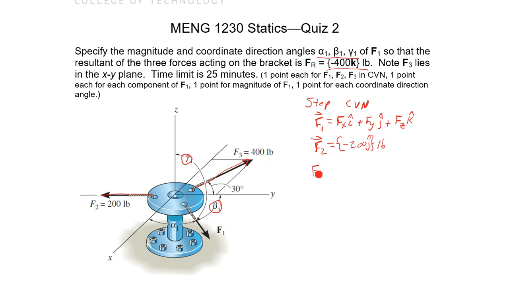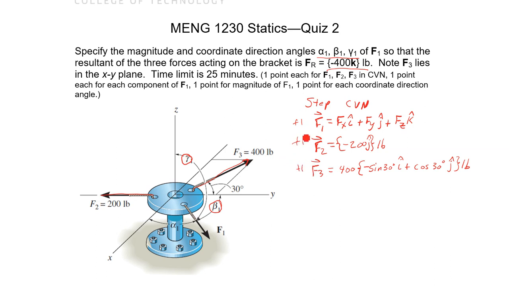And then finally F3, we have in the negative x direction, so we have 400 outside, and this is 30, so in the x direction that's going to be sine 30, so negative sine 30 degrees i plus cosine 30 degrees j. It's also pounds. So that's what I'm looking for in step 1, so that should get us a point here, and a point here.